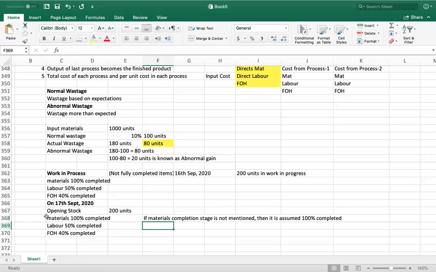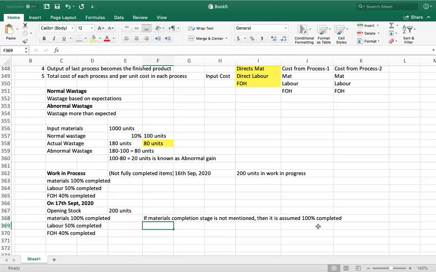He does not show how much material is completed. If nothing is mentioned, then we will assume that it is always 100% completed.